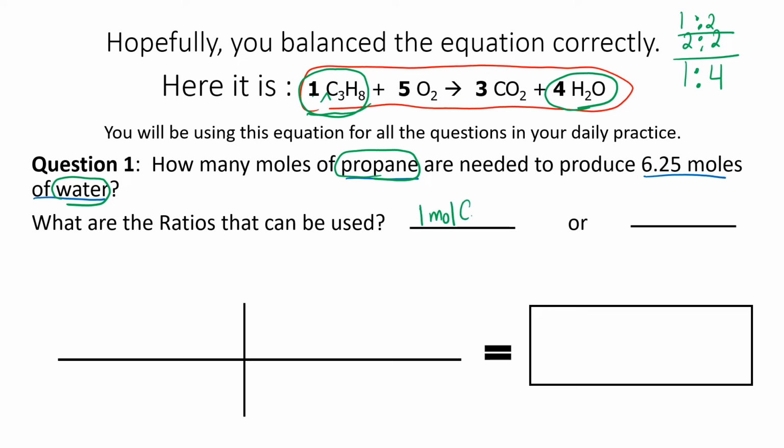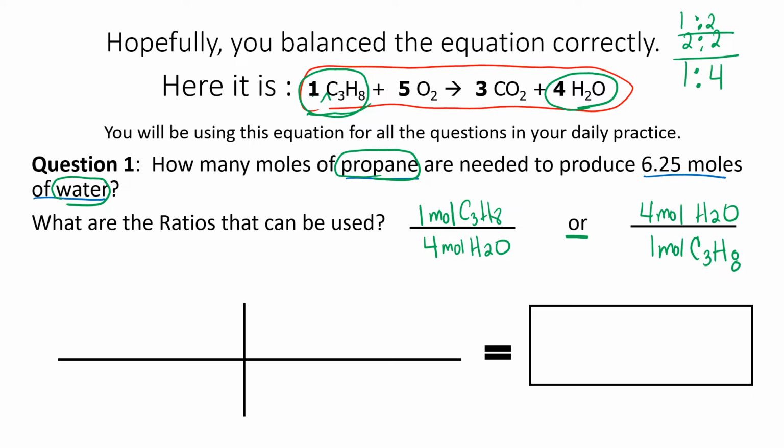So 1 mole of propane for every 4 moles of water. And for the "or" part, all we have to do is flip it around: 4 moles of H2O over 1 mole of C3H8. We do that so that we have an option when we start solving the problem.